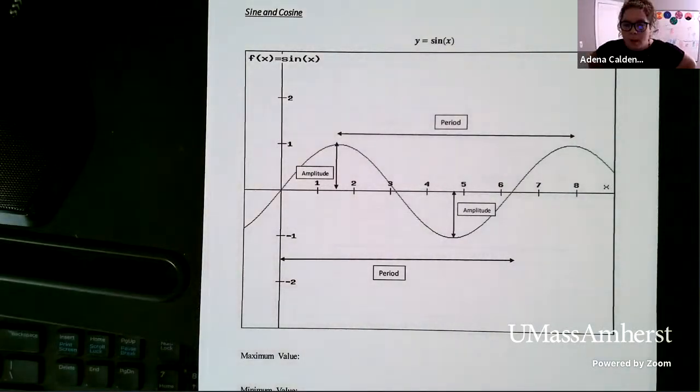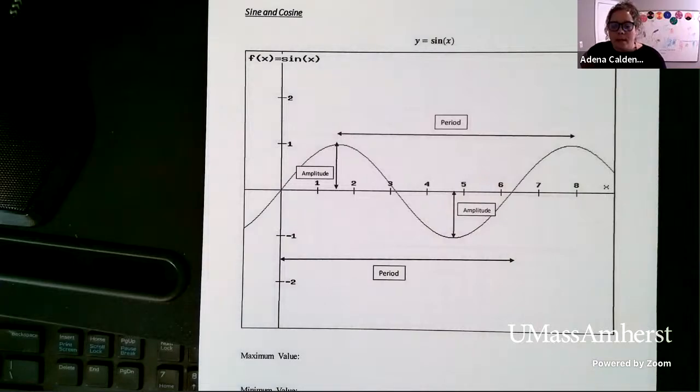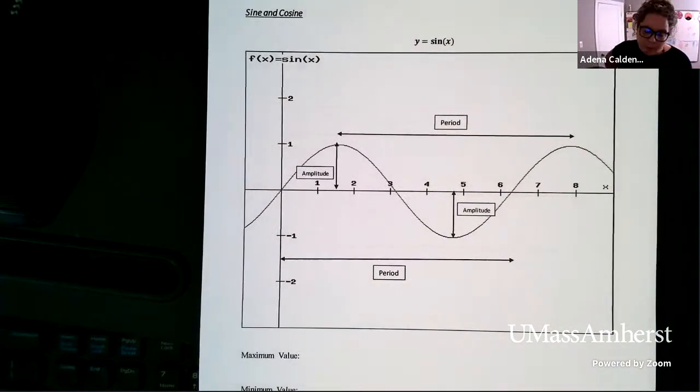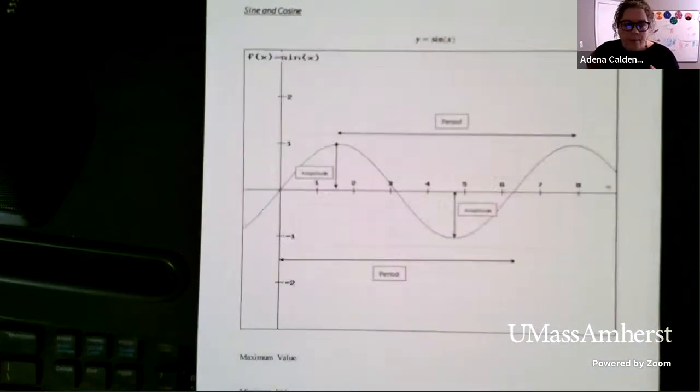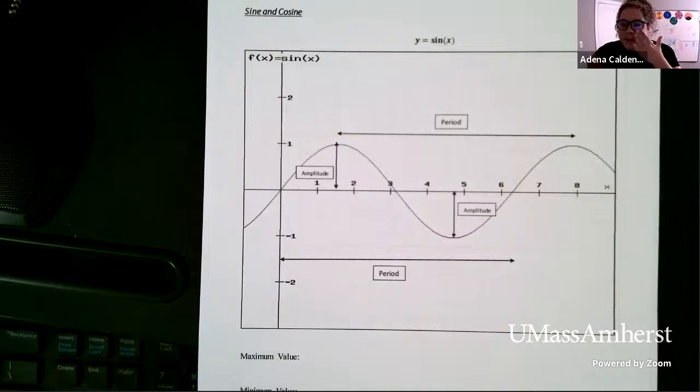So one important note that I want to make here in terms of this class, whenever we are doing any computational things with sine and cosine, which we won't really do a ton of here, but later on, if you're doing like sine of 5 or whatever in your calculator, everything we do is going to be in radians because we are considering the functions of sine and cosine and not the geometrical interpretations.